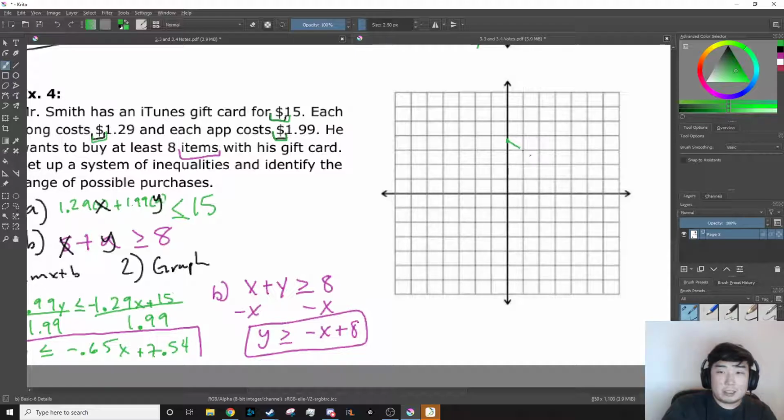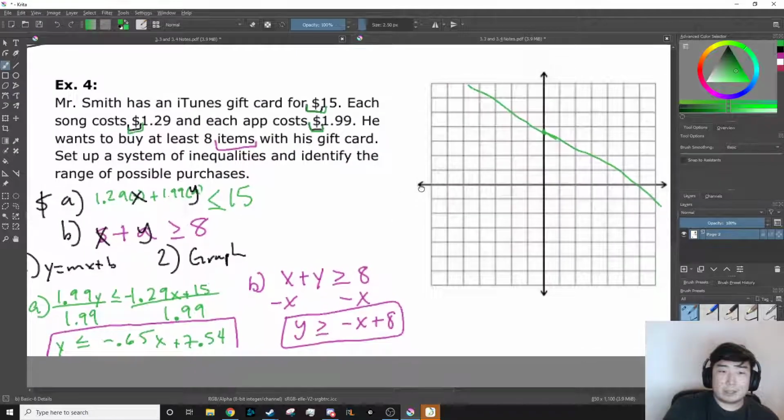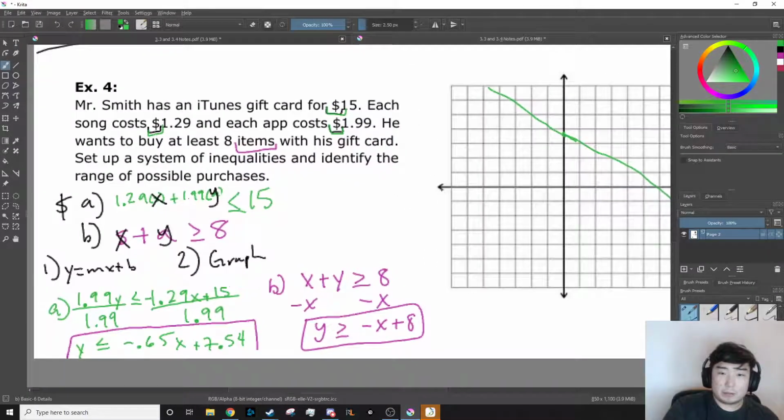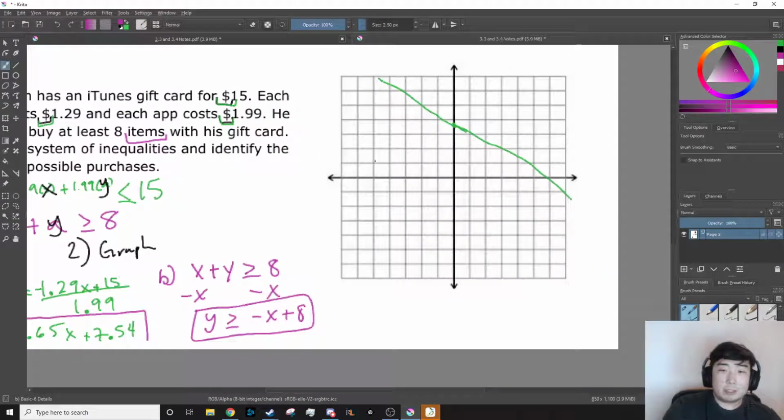I'm just gonna make it look like this because we're just guesstimating. Of course, you can just put it in a calculator, but we don't have that luxury when we're drawing it personally. But inequality B, we can draw perfectly. 2, 4, 6, 8. And then we're going to just go in negative slope.